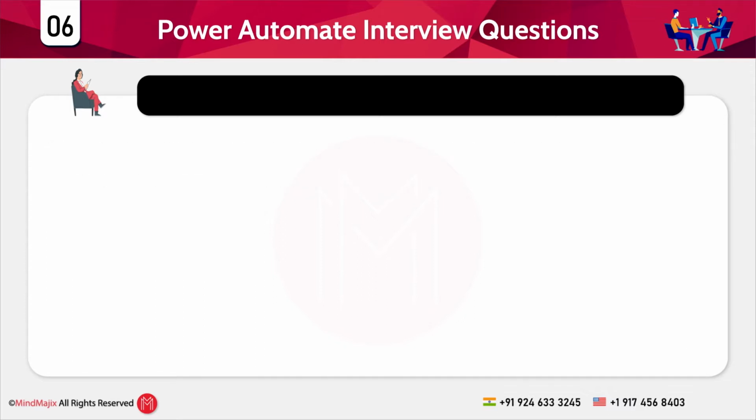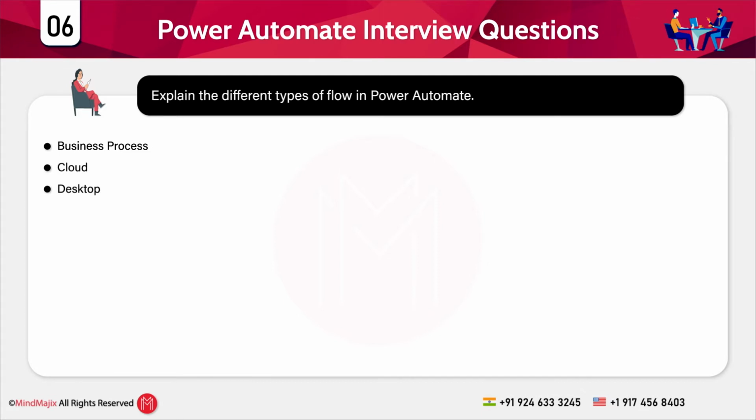The next question is, explain the different types of flows in Power Automate. As you can see on the screen, the different types of flows are business process flows, cloud flows, and desktop flows. Business process flows help users get scheduled work done, and they break the work into steps to get the best output.